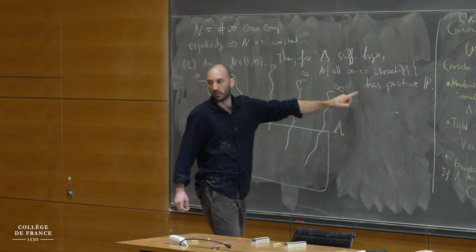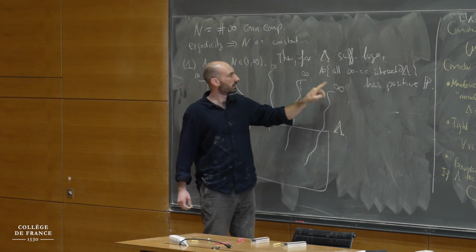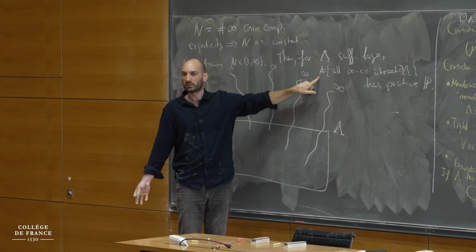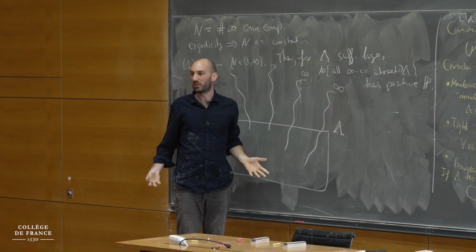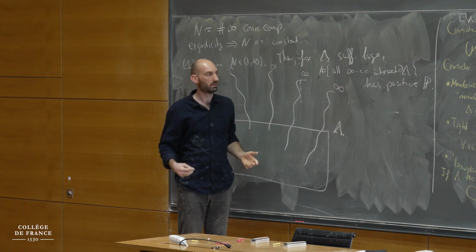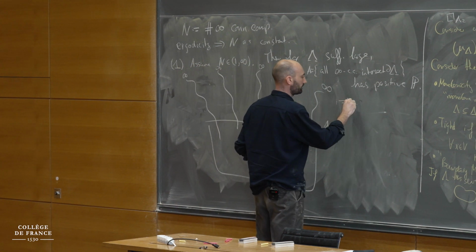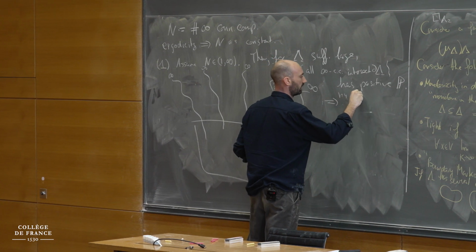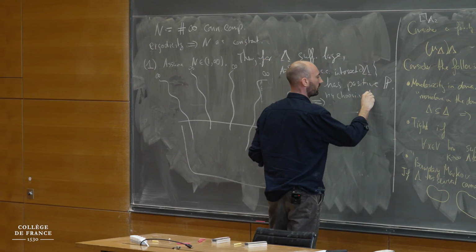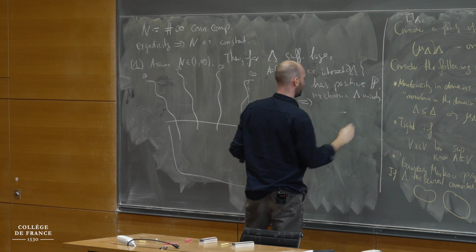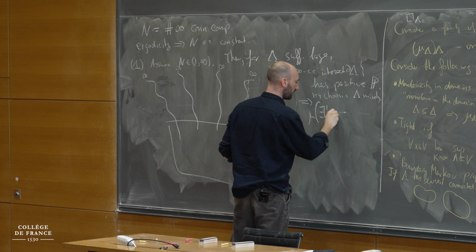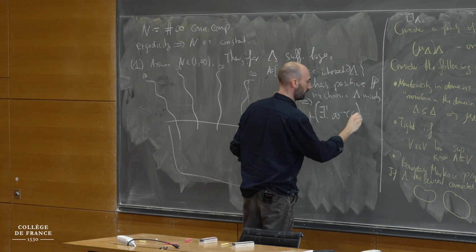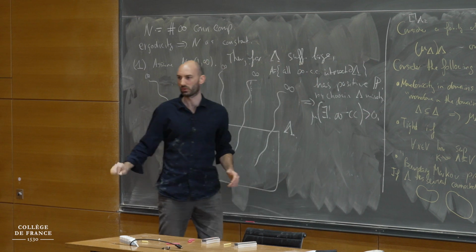Because if A has positive probability, then the event that A occurs and also all of the vertices in lambda are open also has positive probability. But if everything in lambda is connected to each other, it means there's one infinite connected component. So by choosing lambda wisely, the probability that there exists a unique infinite connected component is bigger than 0. But this of course contradicts ergodicity.